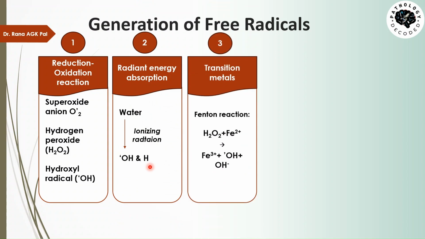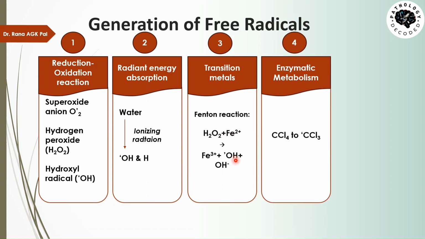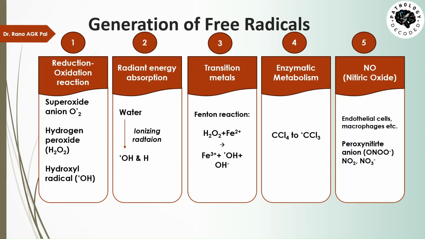With transition metals like iron and copper, free radicals are generated. One of them is a Fenton reaction, in which hydrogen peroxide, when it comes in contact with iron, generates hydroxyl ion. Free radicals are also generated during enzymatic metabolism in the liver, which takes part in detoxification and hydroxylation of the toxic components.